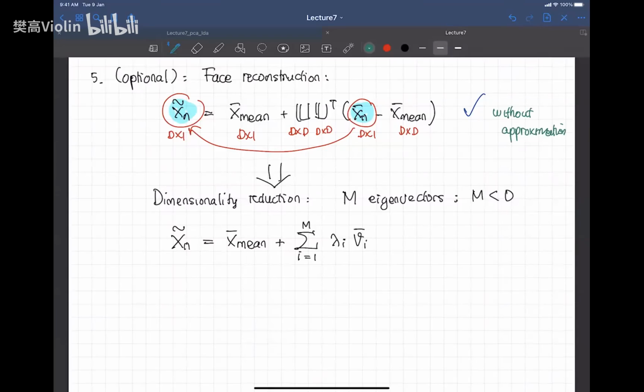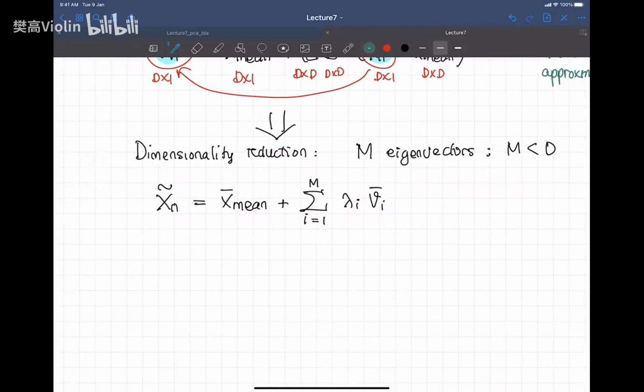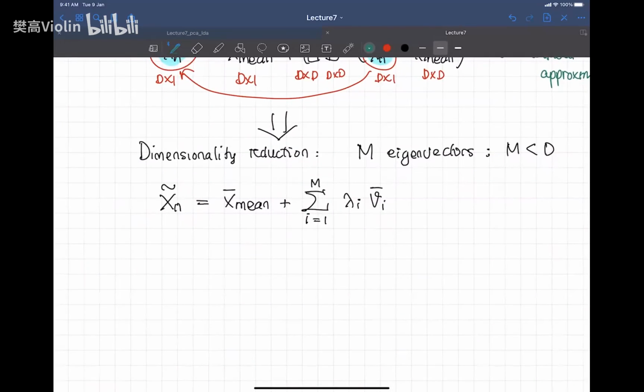But if we want to do the reduction, we have to write it in this way first. So in this case, let's try to understand this. It means that we only use up to m eigenvectors, v1 until vm, and we also use lambda 1 until lambda m.